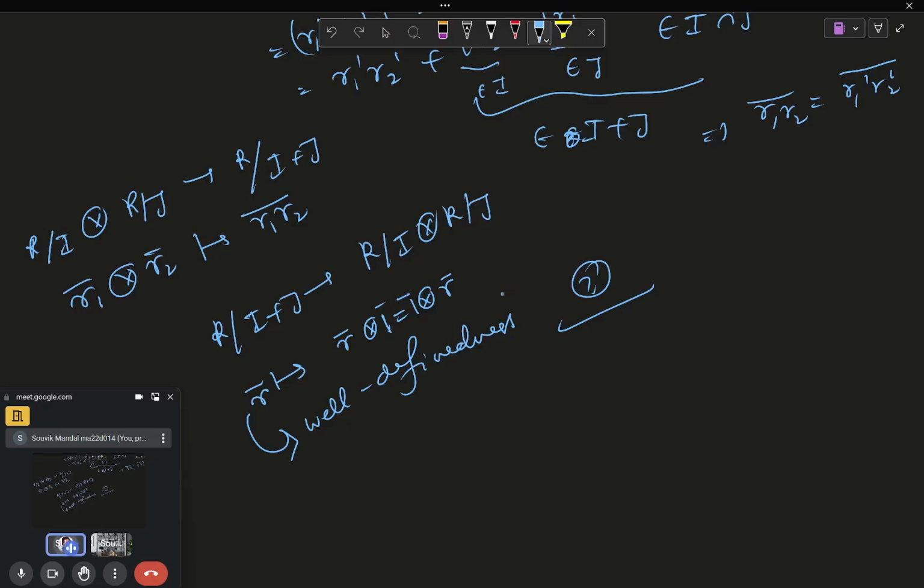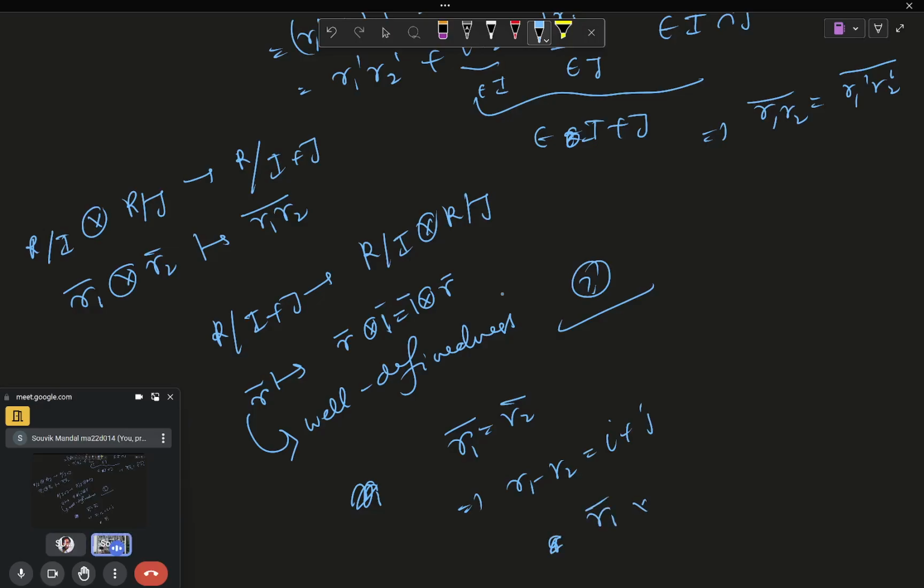If we consider R1 bar and R2 bar two different elements of the domain, and if R1 bar is equal to R2 bar, then R1 bar minus R2 bar is the zero element. So it is equal to small i plus small j.